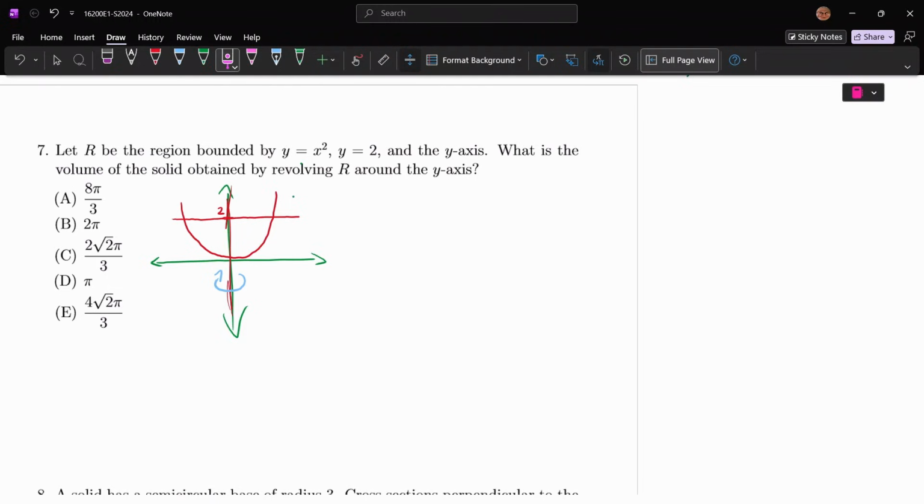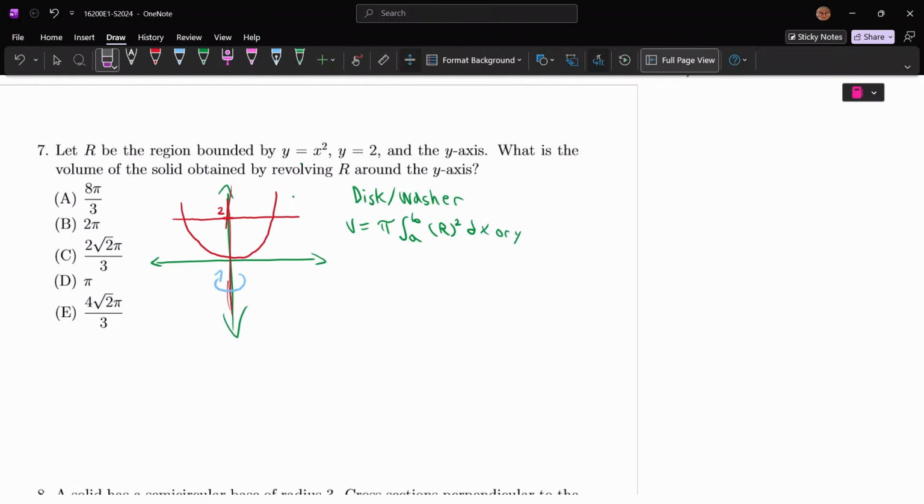Actually, you know what? Let me just write out the formulas first, and then we can go from there. So for disk and washer, V is equal to pi times the integral from a to b of your function squared, so let's just say r squared with respect to x or y.